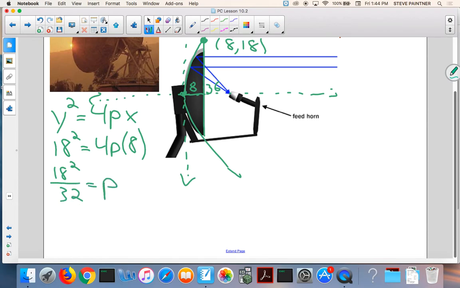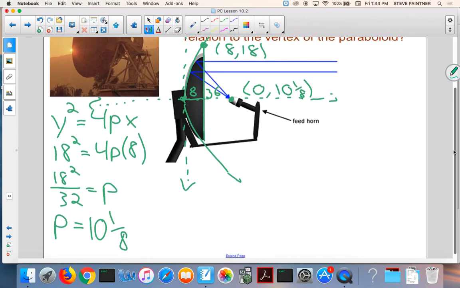Anyone have a calculator? It's not a solid number. 10.125. 10 and 1/8. So our focus is right out here at 0 and 10 and 1/8.